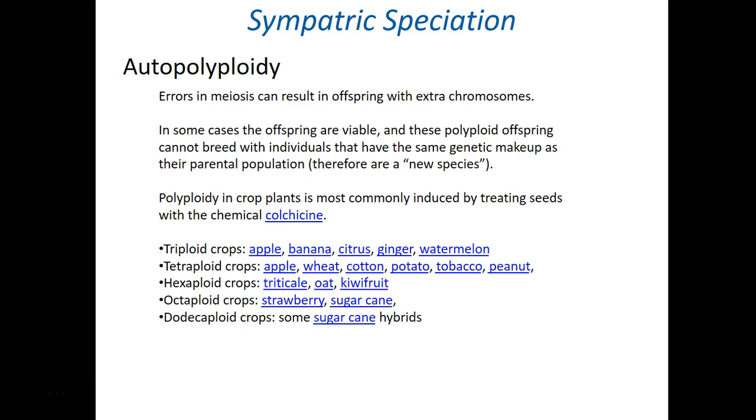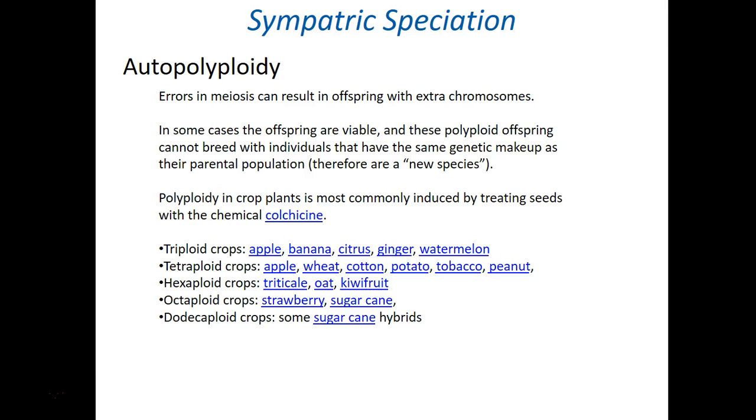In autopolyploidy, it's a bit of a mouthful, you have errors that happen during meiosis. So this is non-disjunction. And that can result in offspring that have extra chromosomes. So imagine that when you were going to try to make a sperm or an egg cell, instead of the chromosomes dividing from 4n to 2n and then from 2n to 1n to make a haploid gamete, you end up with a diploid gamete.